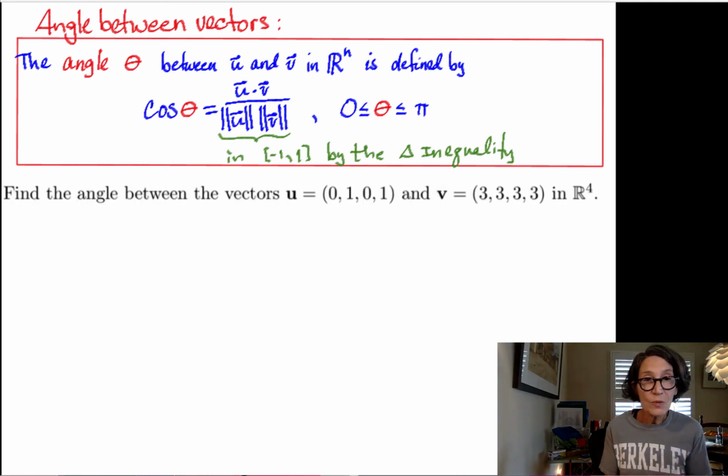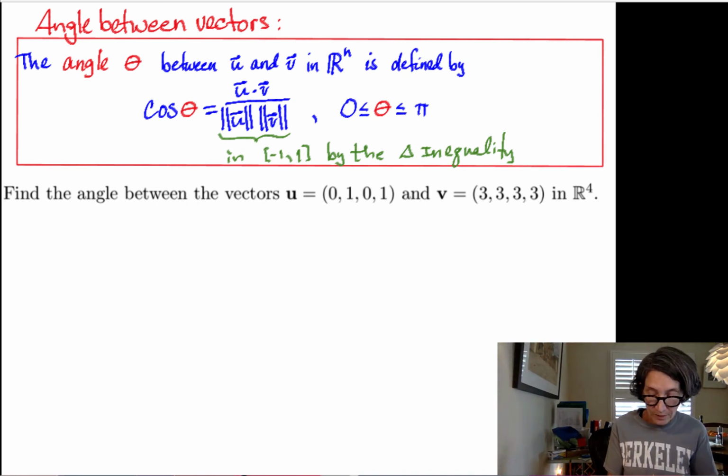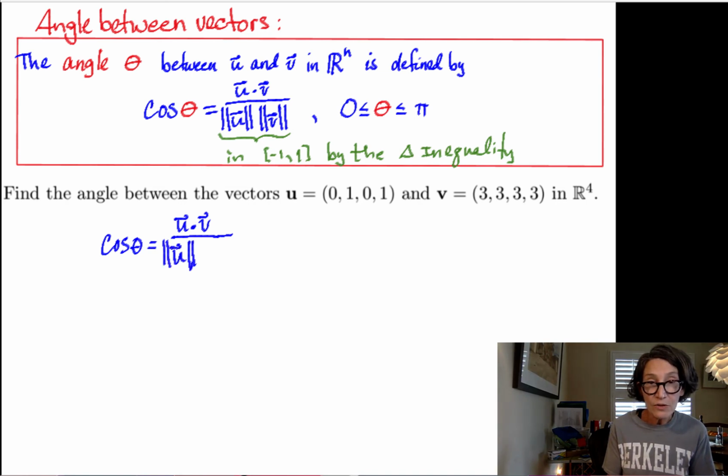In this example, we're going to find the angle between the vectors u and v in R4. So this is in 4 dimensions. We cannot draw the picture, but we can find the angle between the two vectors. According to our definition, the cosine of the angle we're looking for is u dot v divided by the length of u times the length of v.